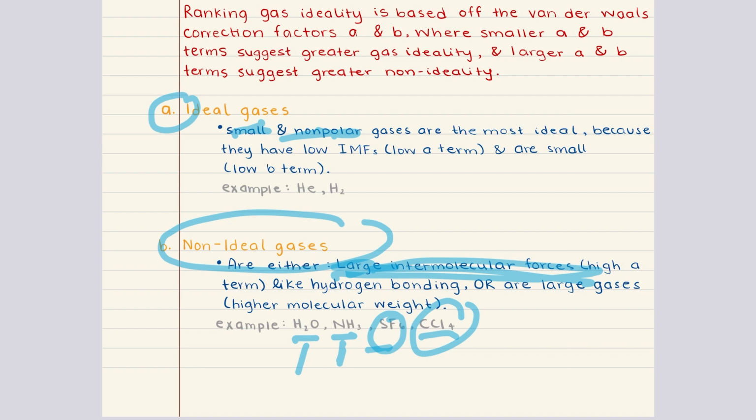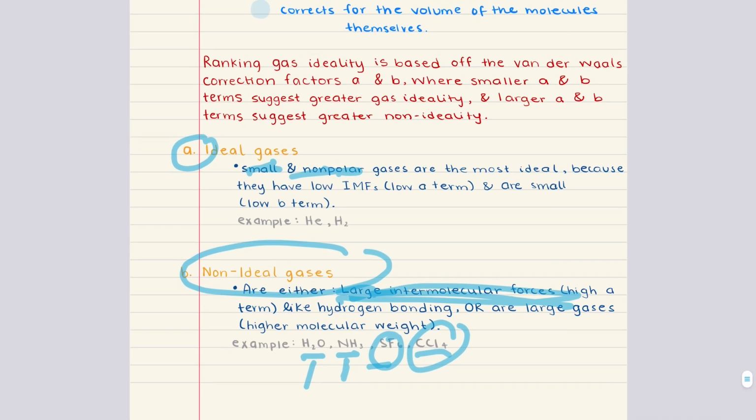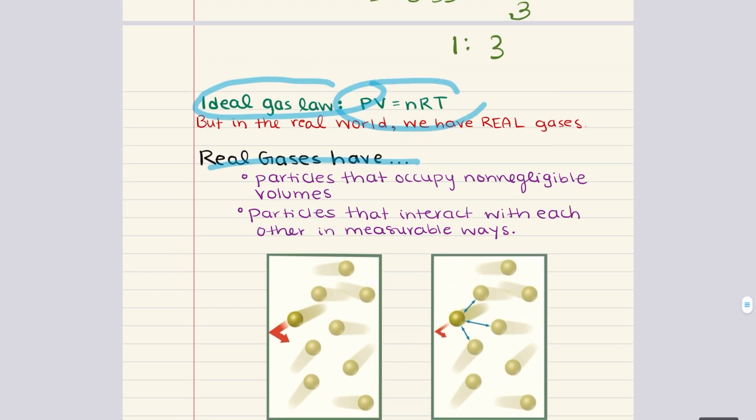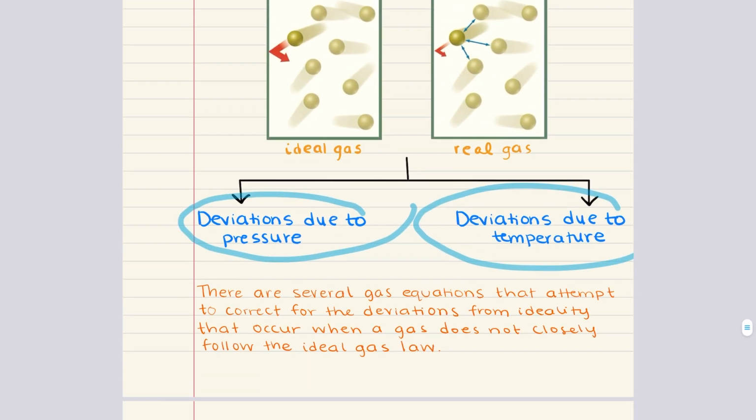So our summary for this section is ideal gases follow the ideal gas law, PV equals nRT. But real gases, they don't always behave this way. Real gases deviate due to high pressure, where molecular volume cannot be ignored, and low temperature, where molecules begin to attract each other.